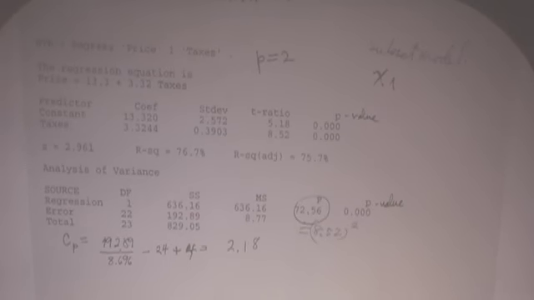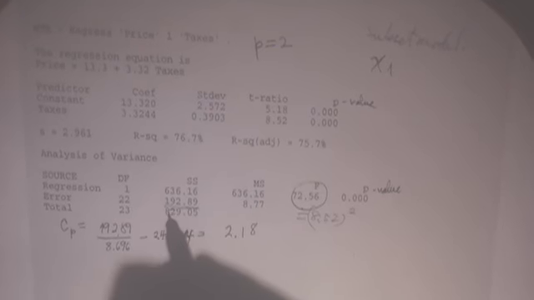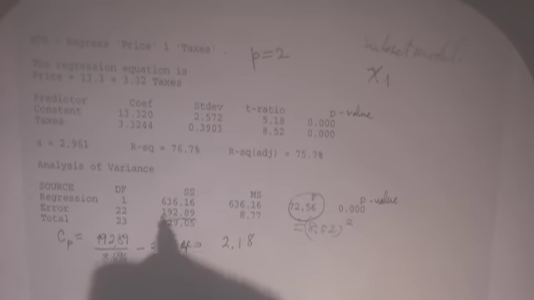What's the CP, though? That's what I wanted to calculate. 192.89. This is the error or residual sum of squares. I always get that messed up. Error or residual sum of squares divided by the 8.696, the sigma hat squared full, minus 24, because that's the minus n plus 2p.